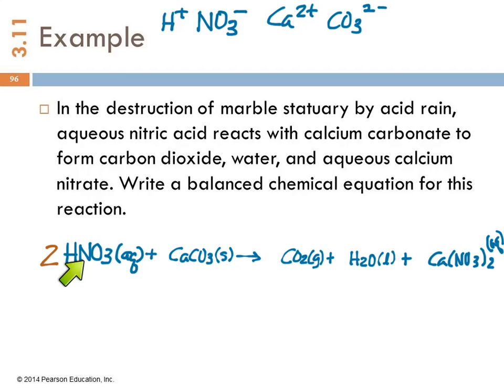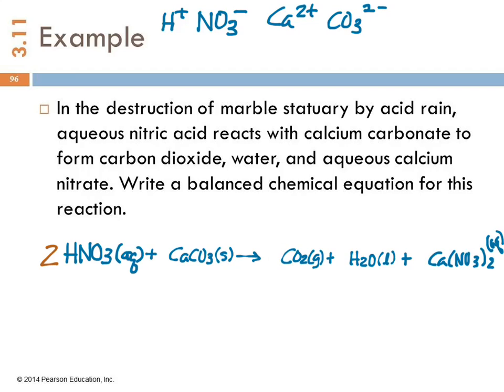Now look what's going on with nitrate. There's NO3, and NO3 shows up over here. The polyatomic ion actually stayed together. And when that happens, you can balance it as a unit.